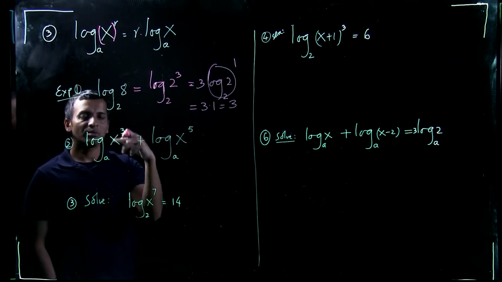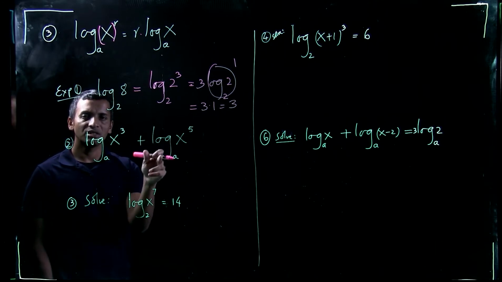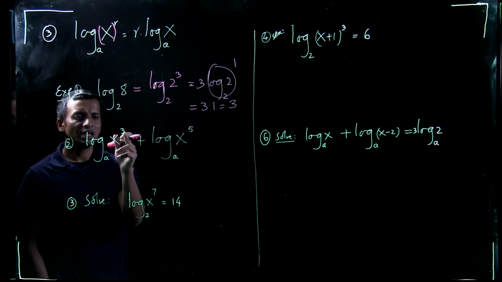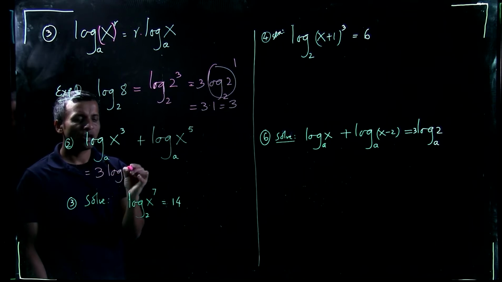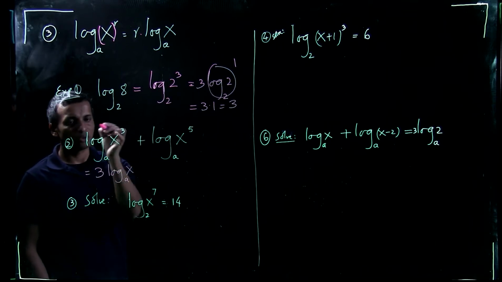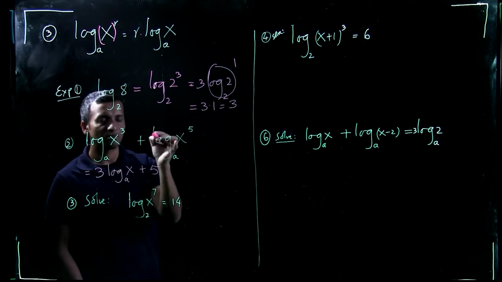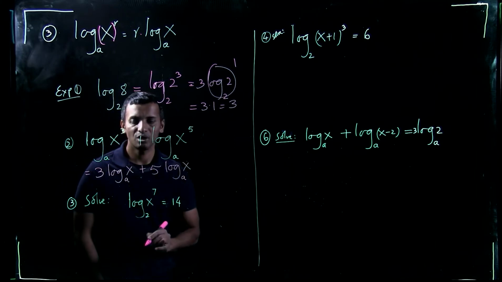And so you can move that 8 out, so it will be like 8 log of x with base a. The other method is, you move that 3 immediately, it is like 3 log of x with base a, because you can move that 3 to the front. Similarly, plus 5, you can move that exponent, 5 log of x with base a, okay?